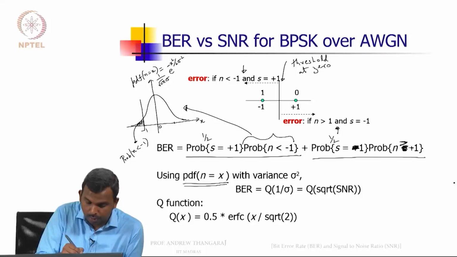So, it should be +1 somewhere here, and this area out here is the probability that n is greater than +1.